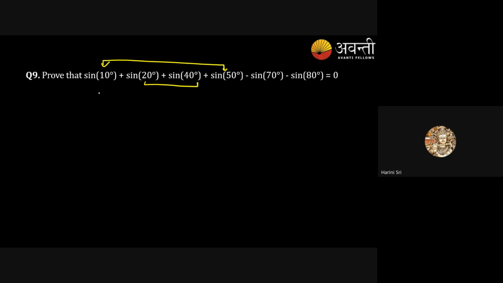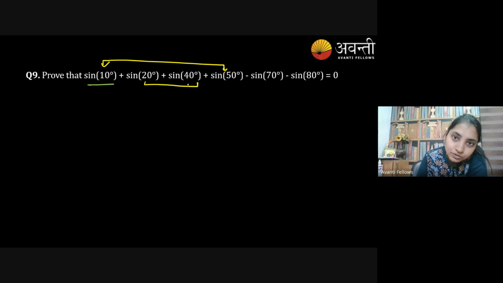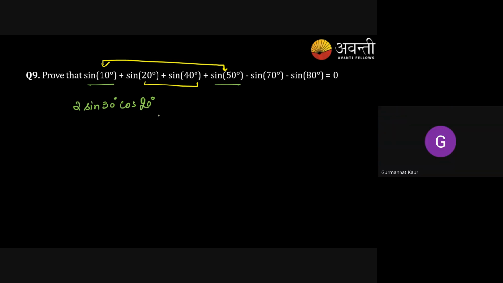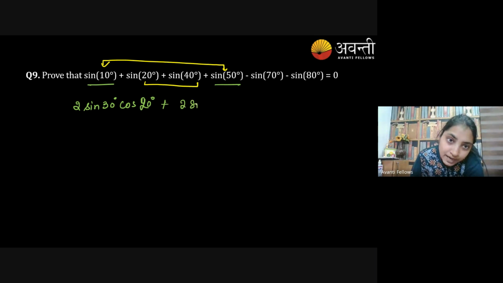So if I combine these two angles, it's going to be 2 sine 30 degree cos of 40 by 2, that means 20 degree. Agree? Plus 2 sine 30 degree and their subtraction, so it's going to be cos 10 degree.